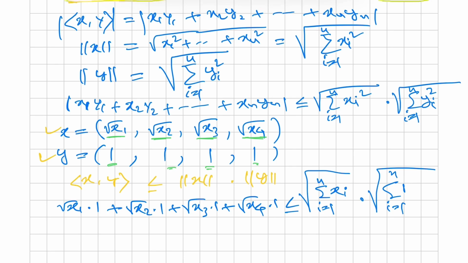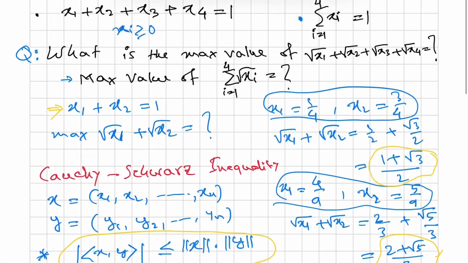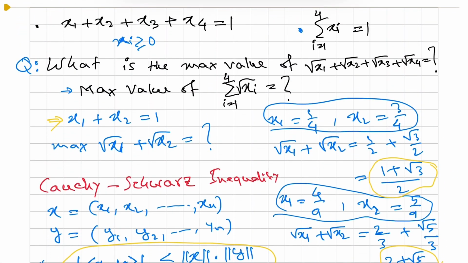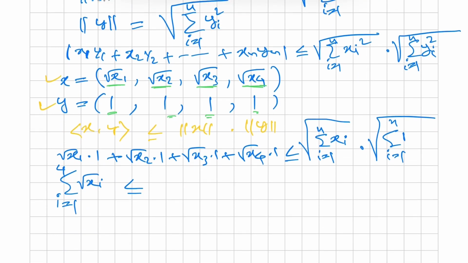Well, so we are done actually. On the left, what we have is the summation of square root of xi, i equals 1 to 4, and that is less than or equal to the square root of the summation of xi, i equals 1 to 4. Sorry, here we should write 4 only, because we have only 4 numbers in this case.